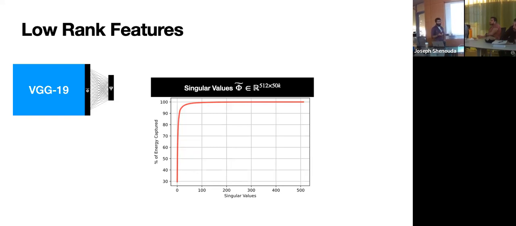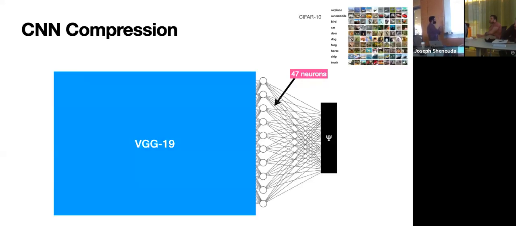One thing I'll mention is that we don't actually know if this is a global optimal solution. It's trained pretty well, but not necessarily to the end. But we're still using our theory to see what happens. And what we find is we can get away with just 47 neurons in that last layer.